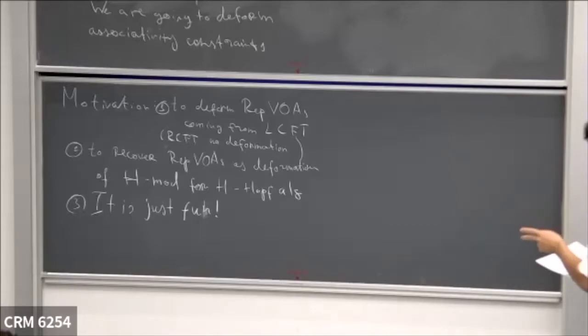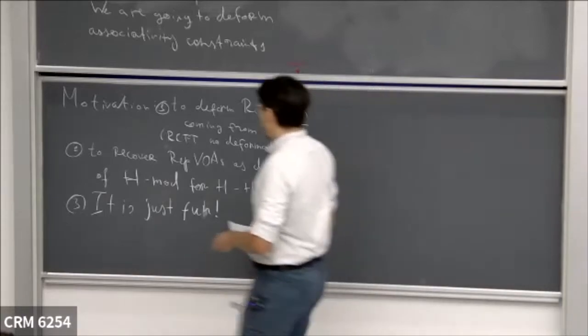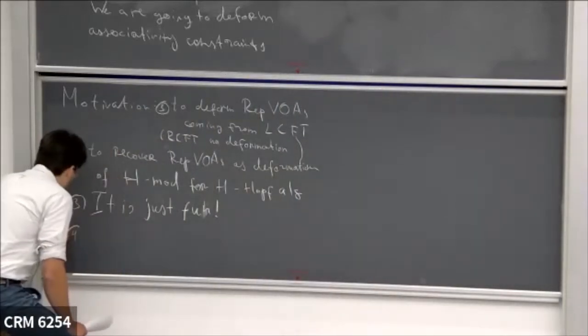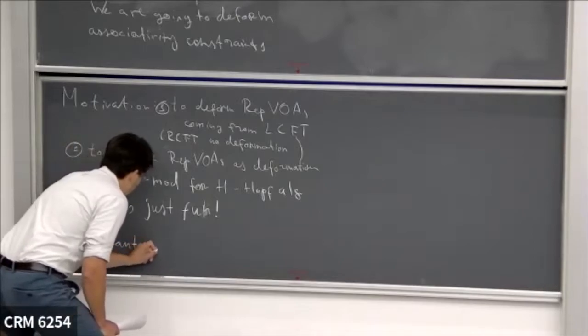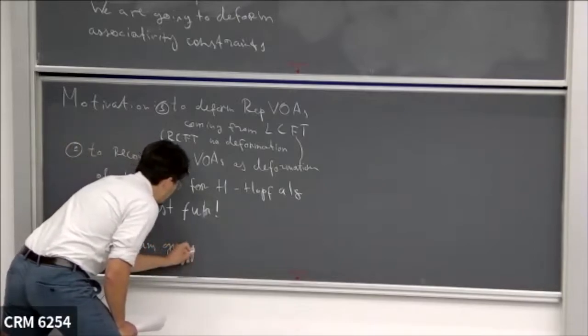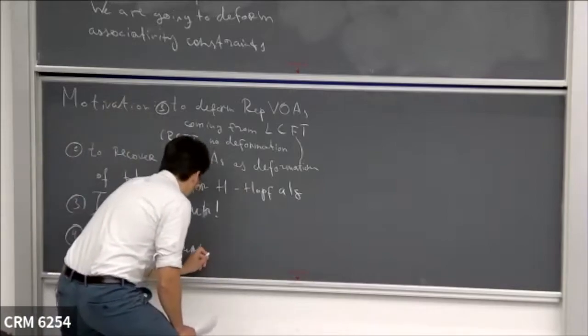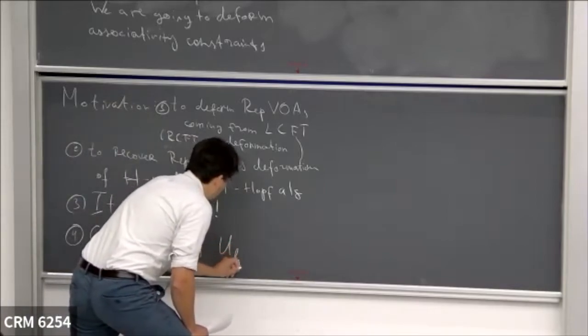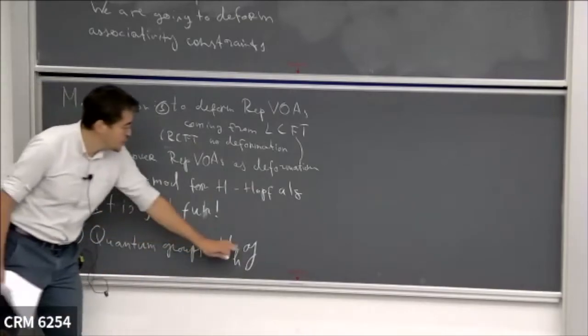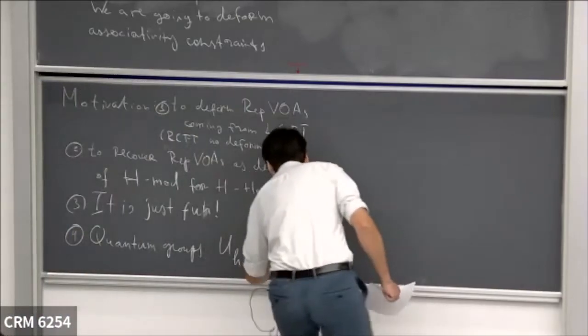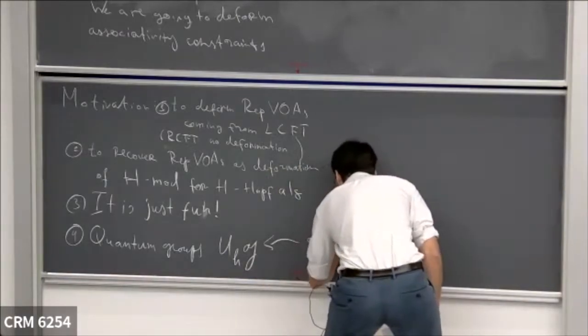Right, and actually, maybe another motivation, number 4, also quantum groups, right? Quantum groups appear in this context: Drinfeld, Jimbo, topological quantum algebras, U_h g for g a semi-simple Lie algebra.